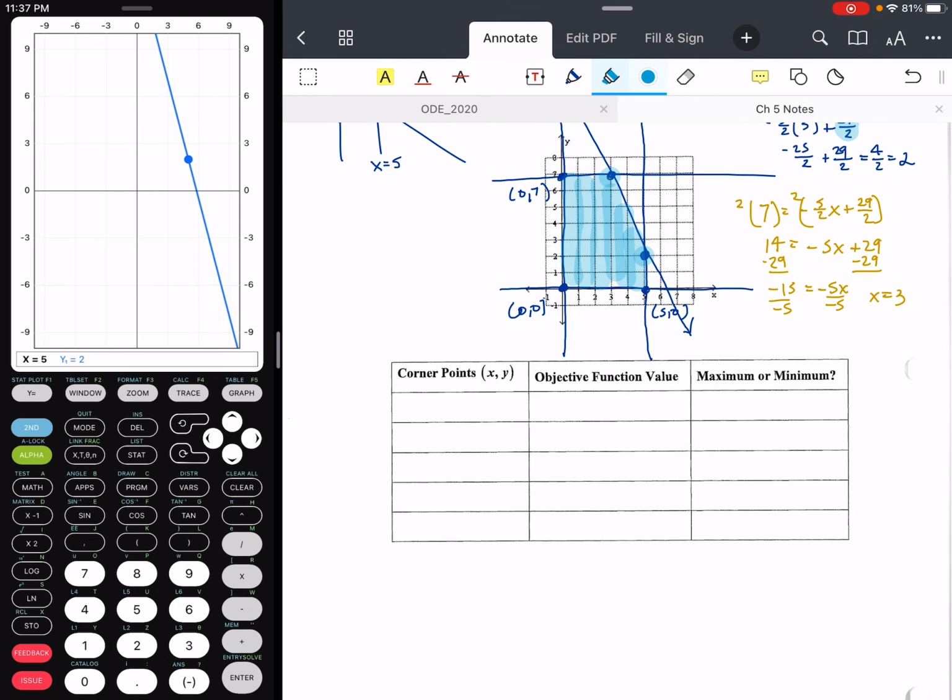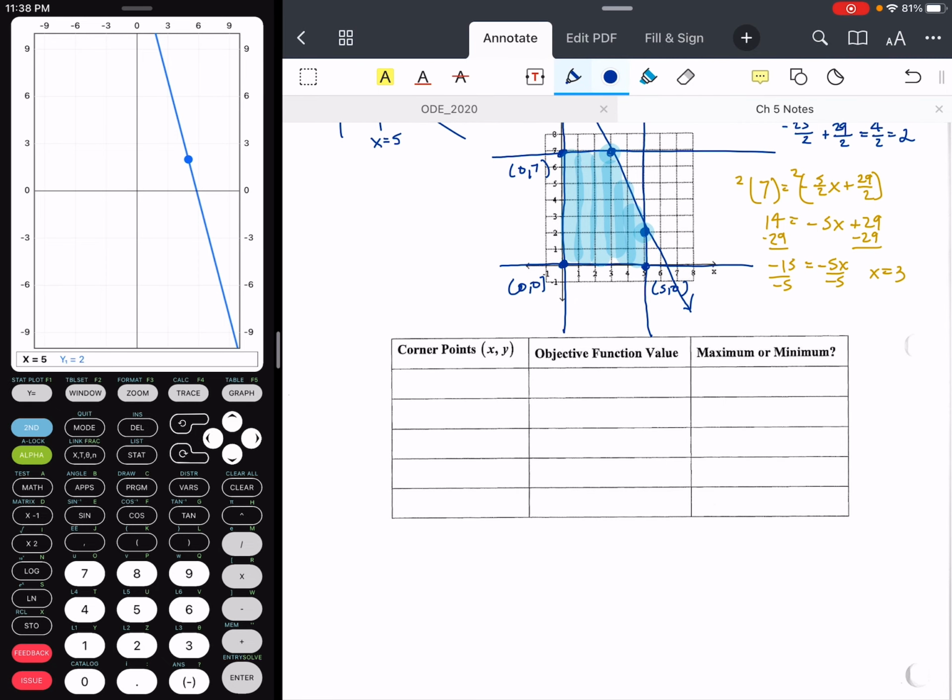And we've already talked about our corner points, but let's go ahead and list them all. So we've got 0, 0, 0, 7, 5, 0, and then those 2 points that we solved for, there's 5, 2, and then 3, 7.